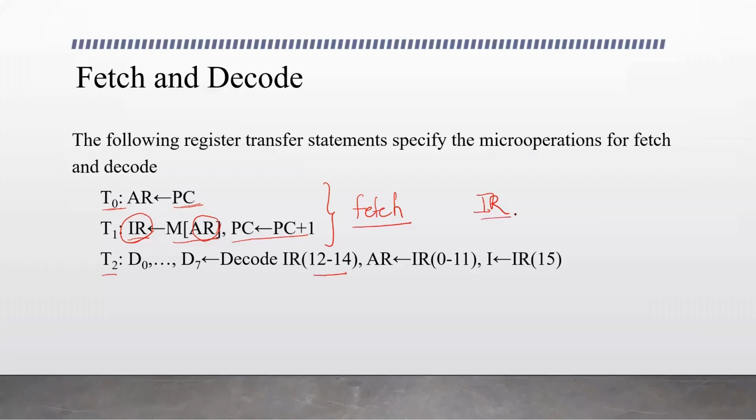We have the instruction in IR, so take the positions 12 to 14, the 3 bits 12, 13 and 14 where the operation code is found, and decode that. You get it decoded into D0 to D7. We have seen the circuit also.